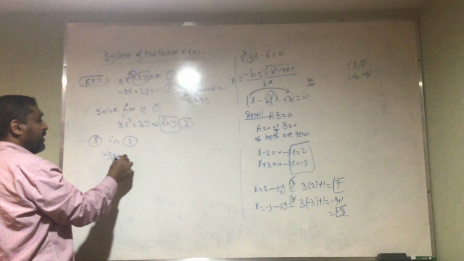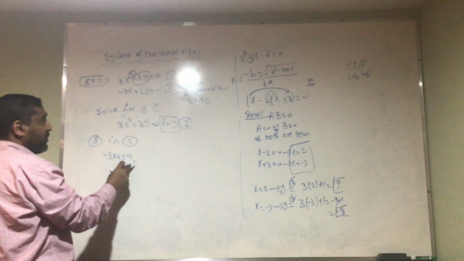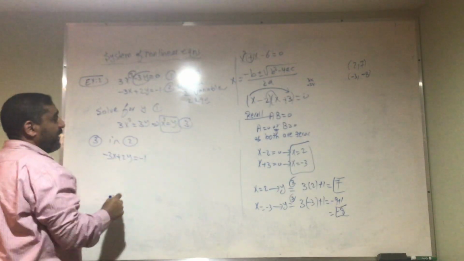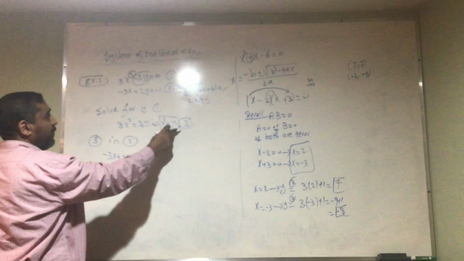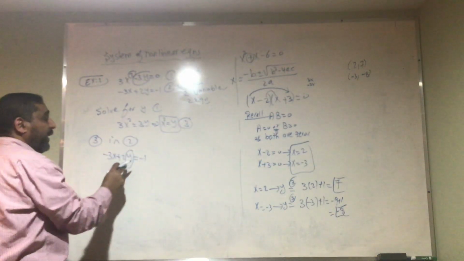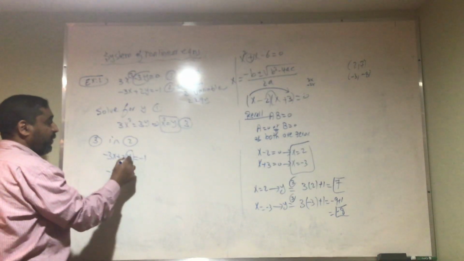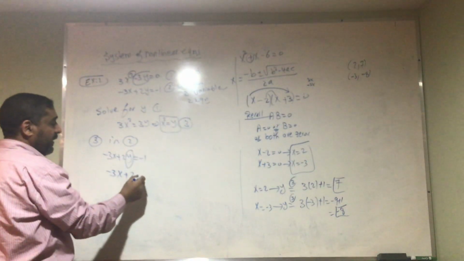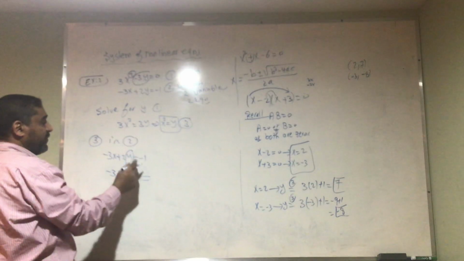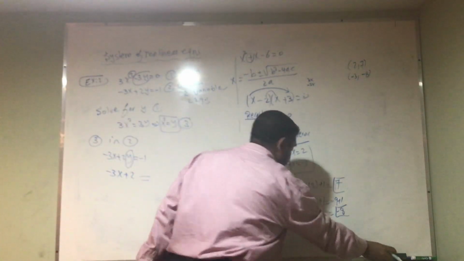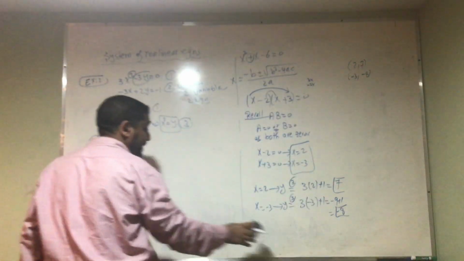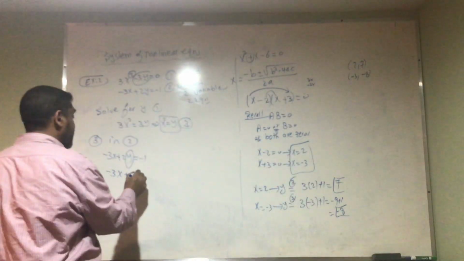Minus 3x plus 2y equals minus 1. Here, in equation number 2, I have to replace only y. So what did you get? You get minus 3x plus 2 times y from equation number 3. Just replace y from number 3, and you will have just x squared.